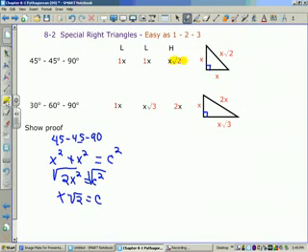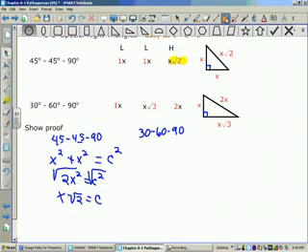Let's do the proof for 30, 60, 90. For that, I'm going to draw an equilateral triangle.